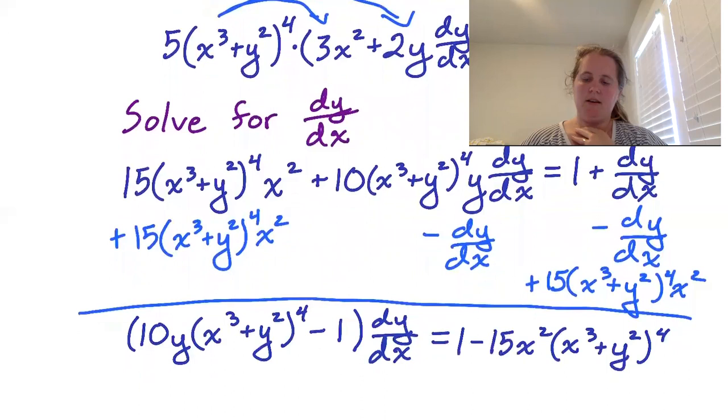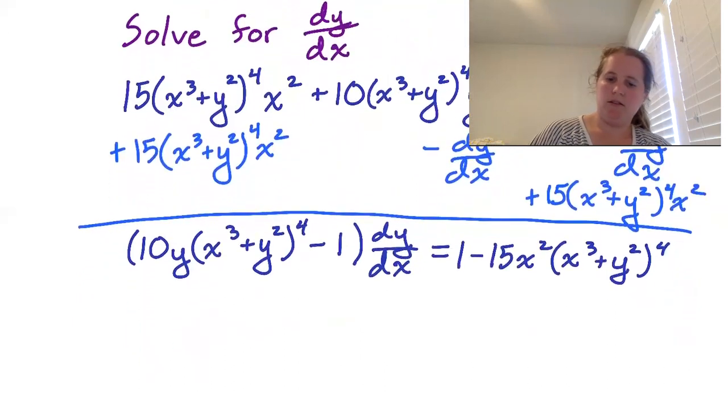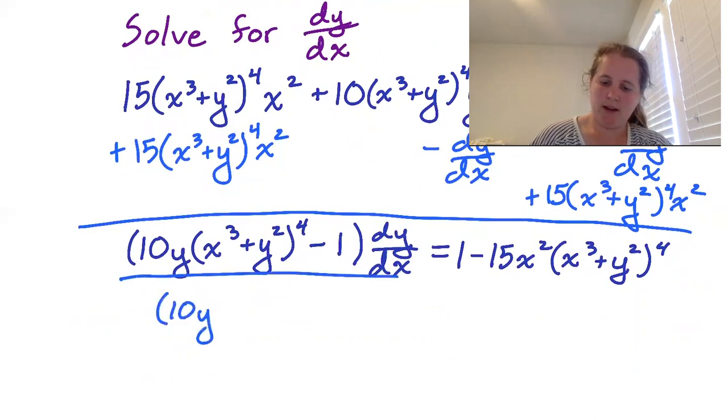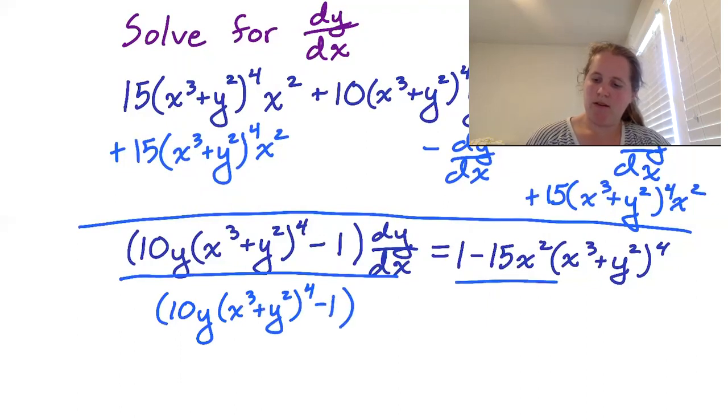At this point, we can go ahead and divide by our 10y (x cubed plus y squared) raised to the 4th power minus 1 on both sides.